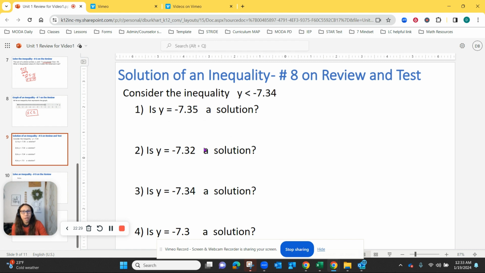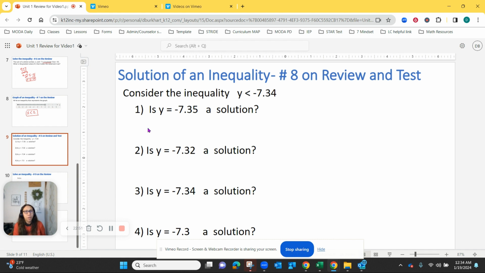What we are going to do is replace the value of y into our given inequality and compare whether that makes it a solution, meaning whether it makes the inequality true or not.